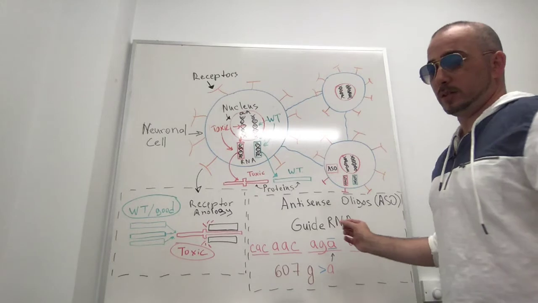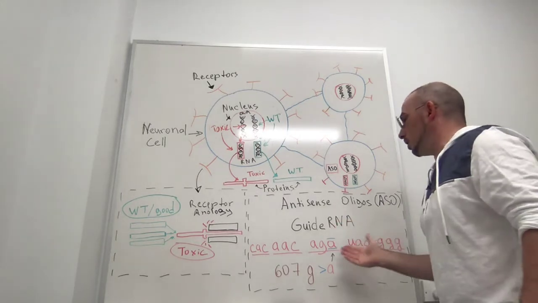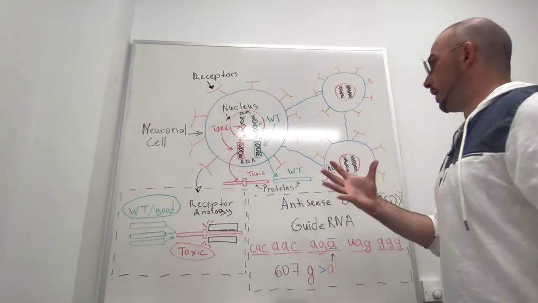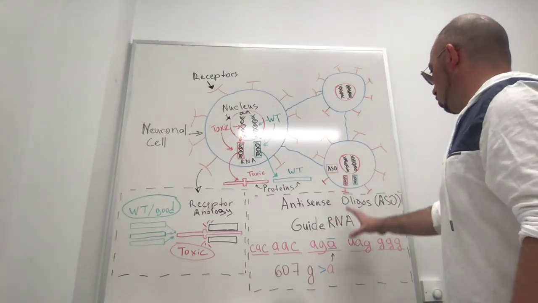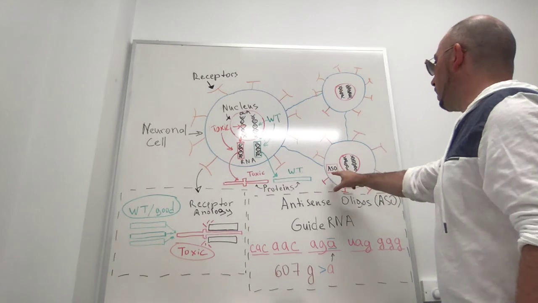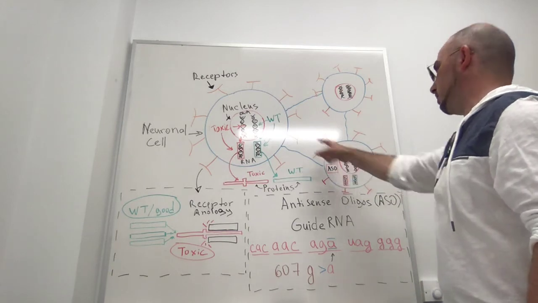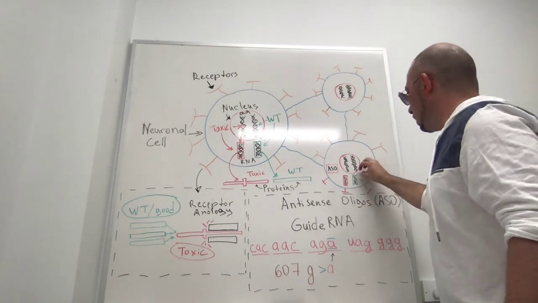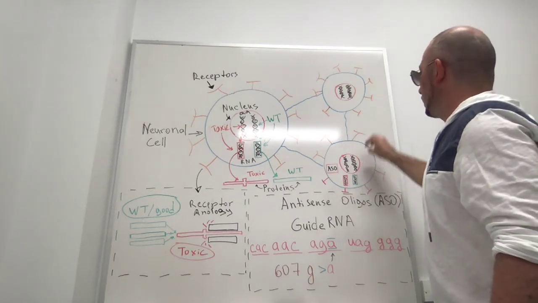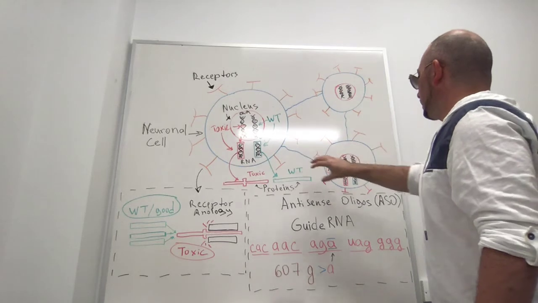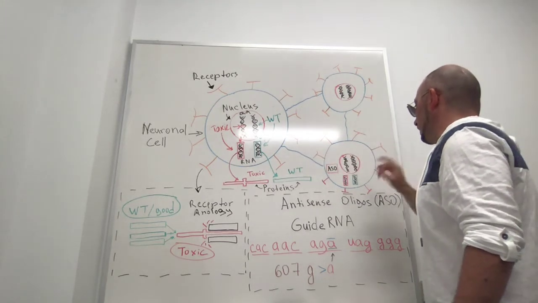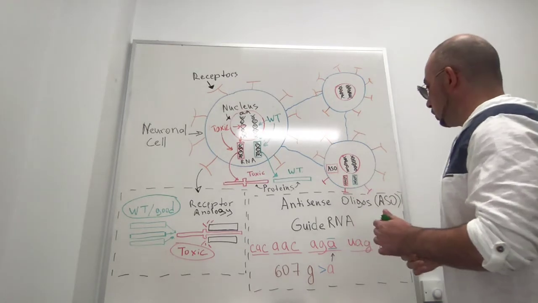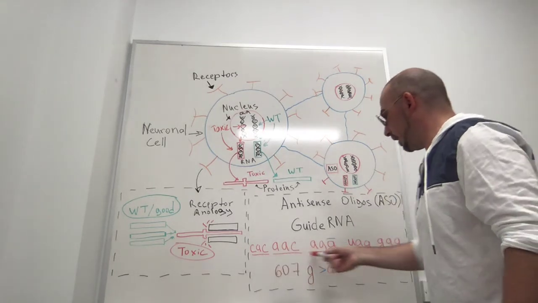Now we create a very small synthetic molecule and we inject it into the spine, which eventually gets into the brain. And what this drug will do is go and bind to a cell right here. This is the same thing, I don't have enough space here. And so this tiny drug will bind to neuronal cells everywhere. The next thing it does, which is interesting, is read the RNA sequence and look for this toxic sequence.